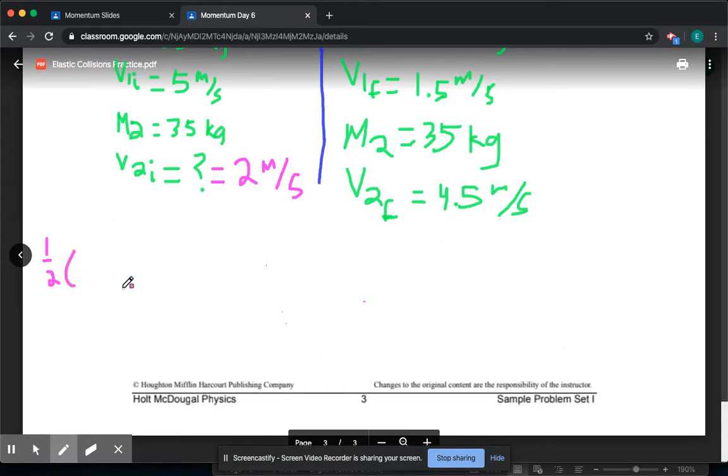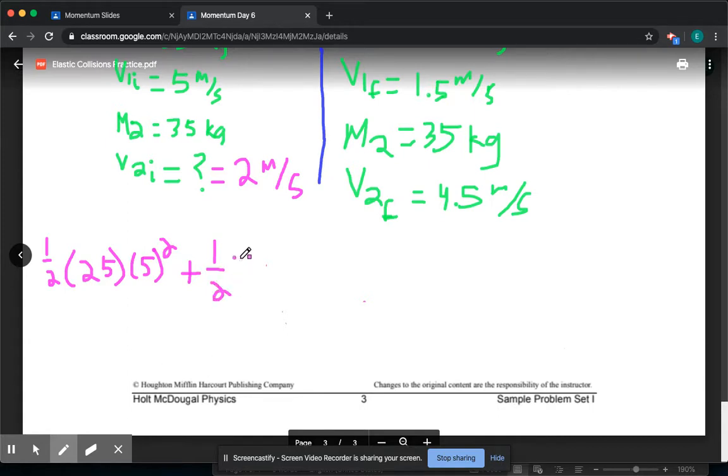Our M1 is 25, and our V1 is 5, that plus 1/2 M2.